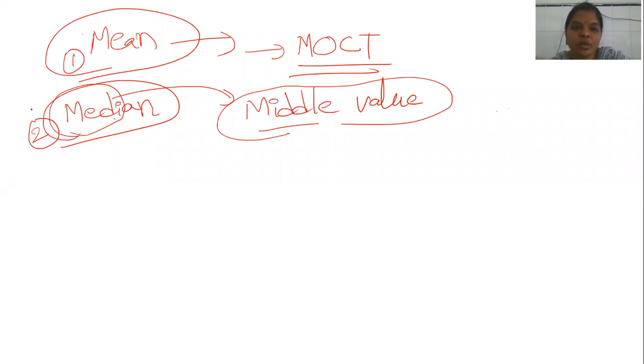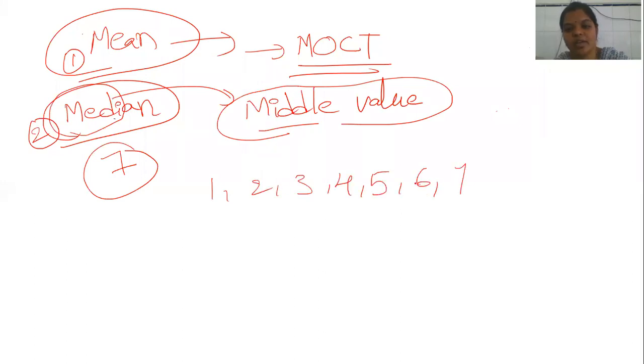So for the median, suppose you have 7 numbers: 1, 2, 3, 4, 5, 6 and 7. For example, this is the data which has been given. This data consists of 7 numbers. In this data, which will be the median? 1, 2, 3, 4 is the median.